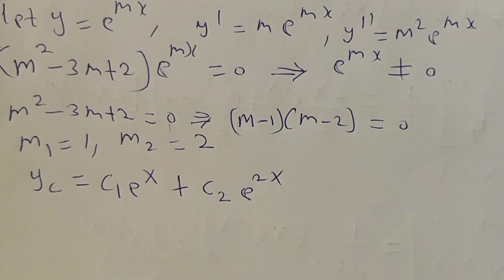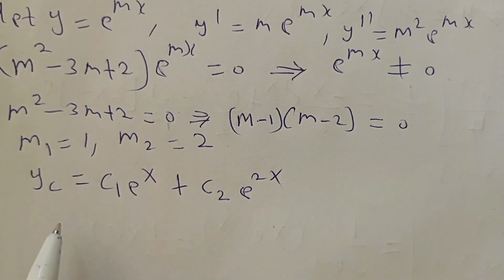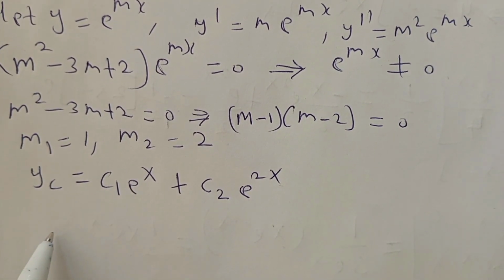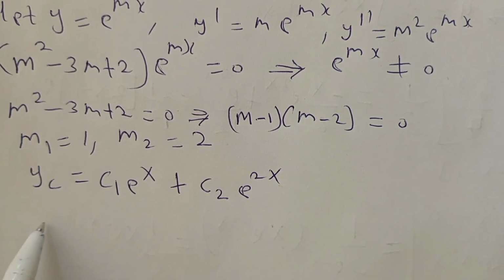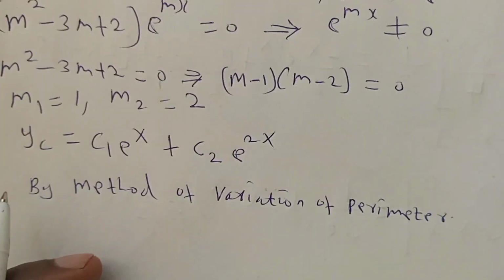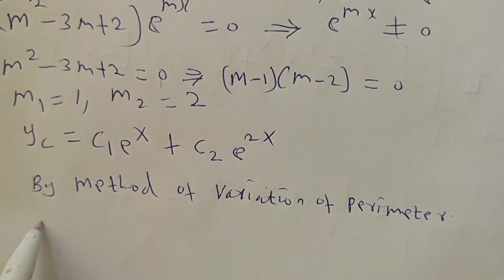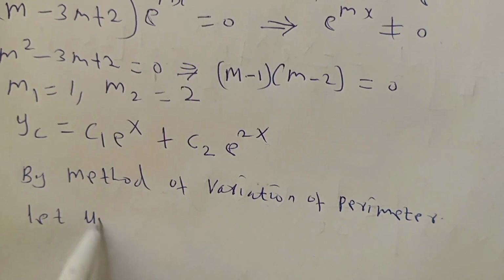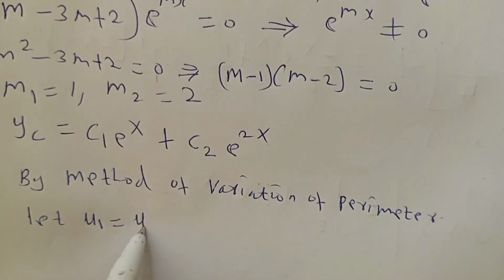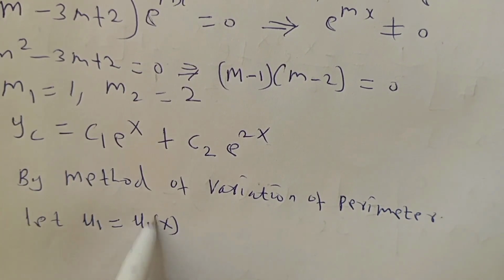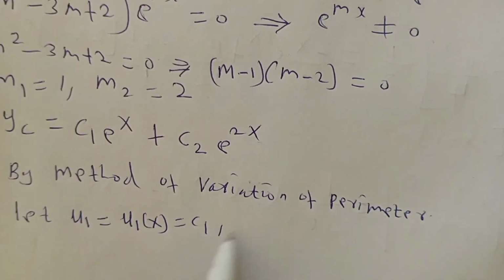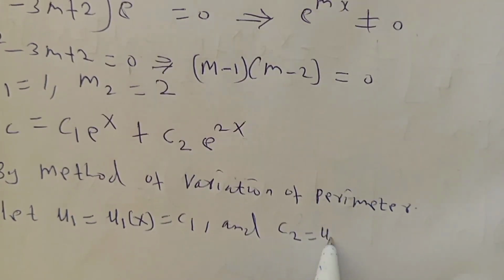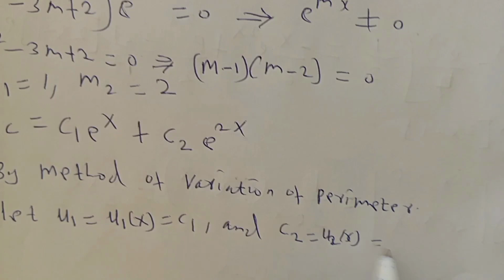Now, to get the other part, the particular part, we use what is called the method of variation of parameters. By the method of variation of parameters, we are going to let c1 be equal to u1 of x, and c2 be equal to u2 of x.